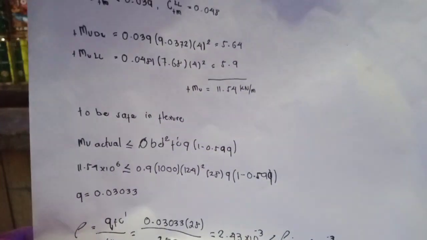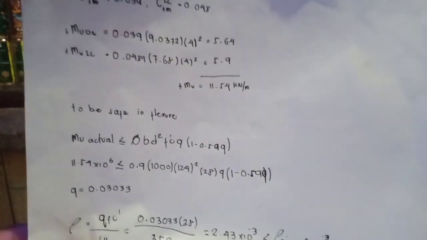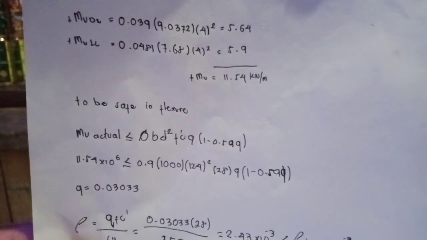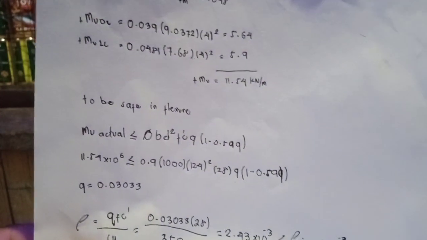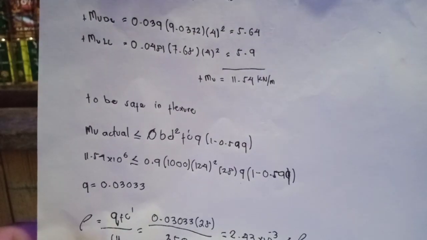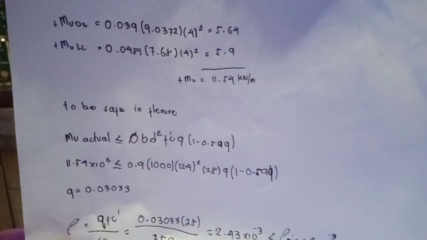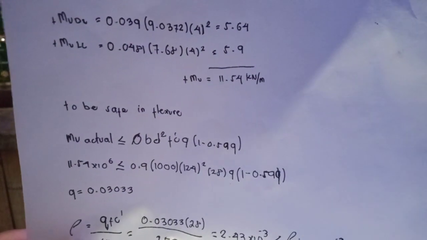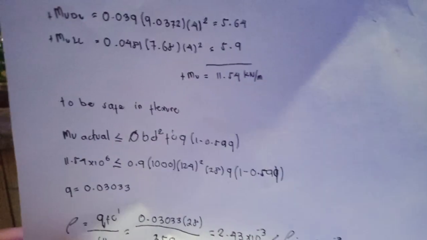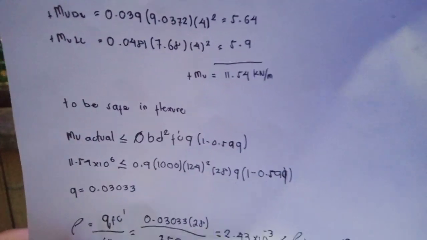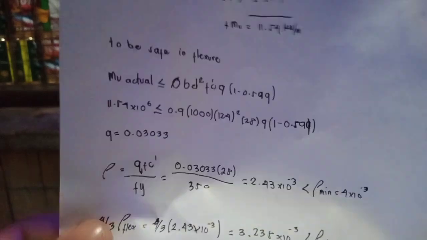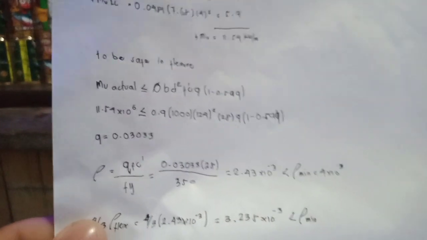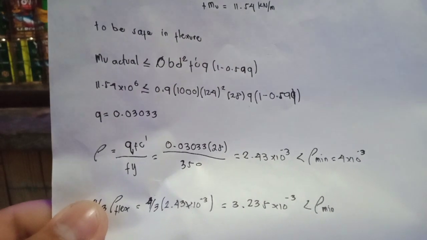And our phi is 0.9 times b, for a 1 meter strip is 1000 millimeter, times d. Our d is 124 squared and our fc prime is 28 times q times 1 minus 0.59 q, and the answer for q is 0.03033.